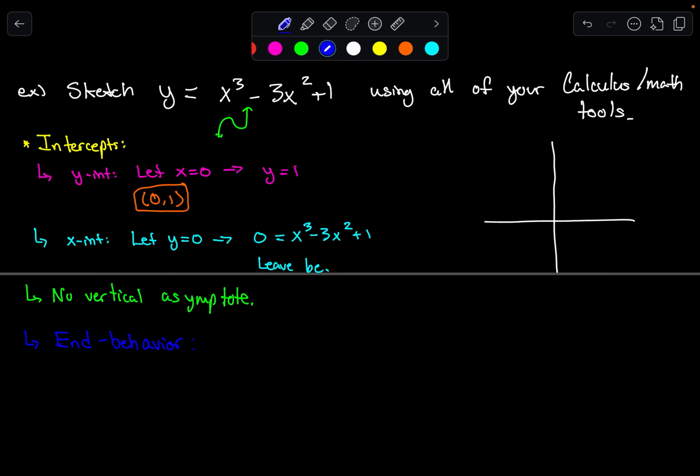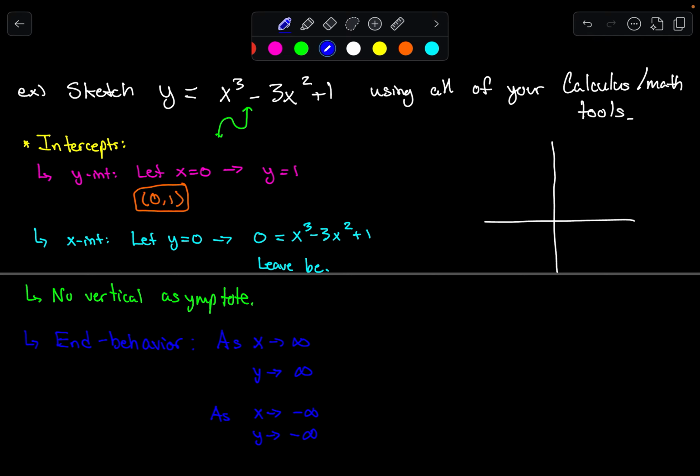But for end behavior, as x approaches infinity, x gets bigger, what's happening to the y value of an x cubed graph? Well, y is also going to be approaching infinity. And as x gets more negative, the y value in this particular case is also going to get more negative. So this is all information that we have just from algebra class, from pre-calculus.